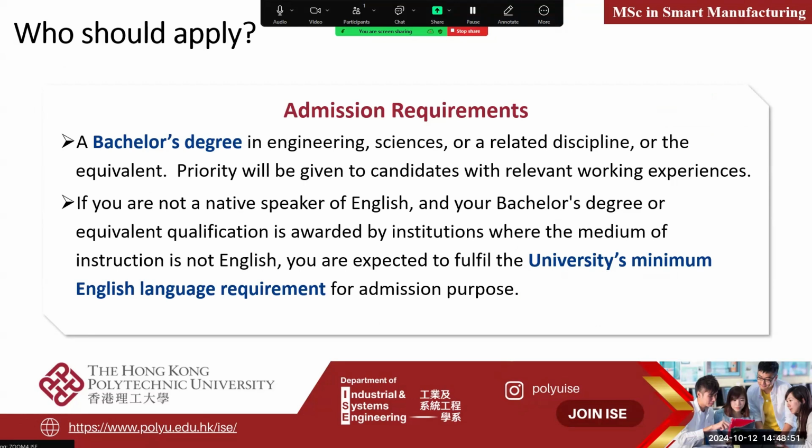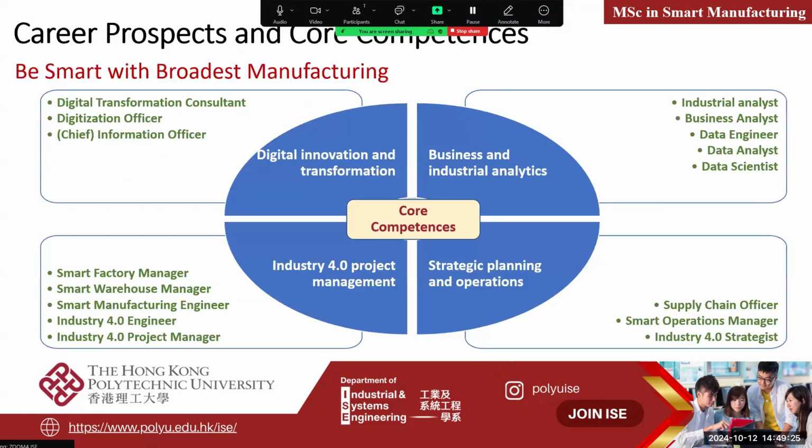And for the statistics of last year, about 16% of students came from engineering perspectives, for example automation, computer science, communication engineering, and other control engineering backgrounds, because they have the science or the basic skills from their undergraduate studies, and they want to have more exposure to the industry because this is mostly related to your career. Okay, so this is the admission requirement.